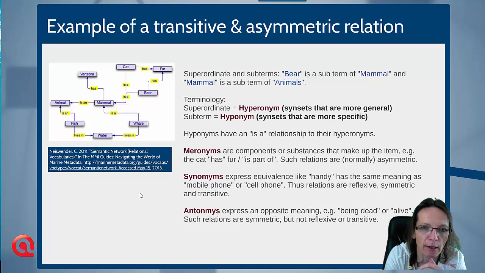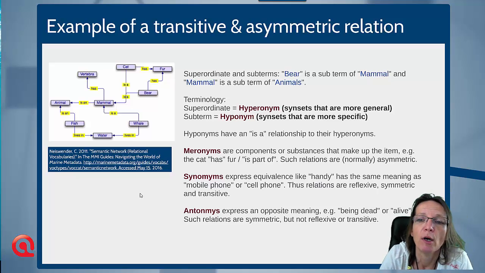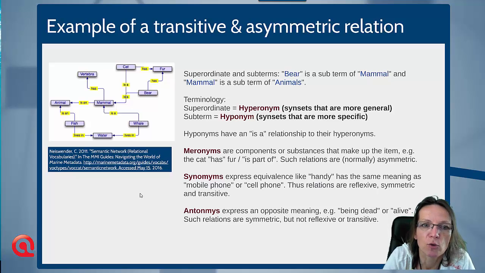Animals being the highest order term, and then we have mammals as a subterm, and below that we have bears or whales or fish, whatever, and the mammal is again the superordinate term for bear. We should call it bear. A bear is German; I think it's bear in English.